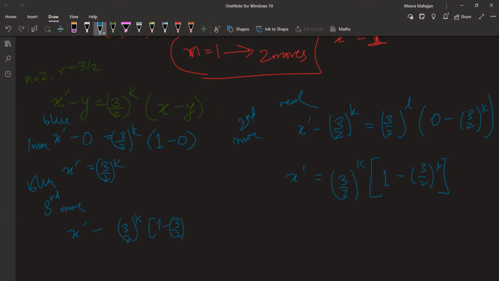to the power k times 1 minus 3 over 2 to the power l is 3 over 2 to the power n times, this is at 3 over 2 to the power k minus this thing.